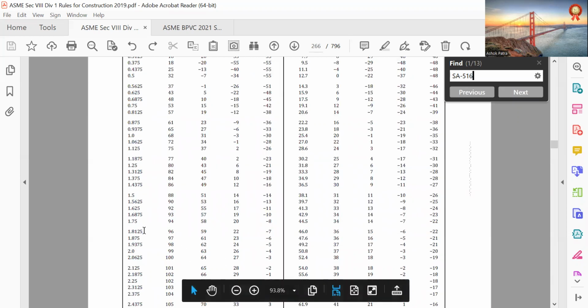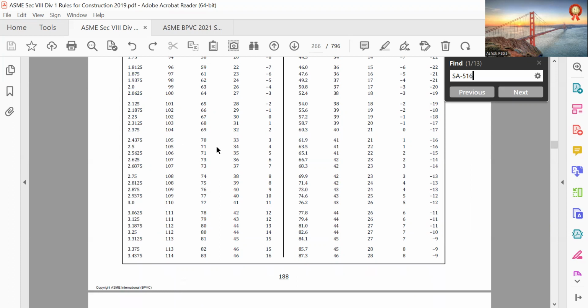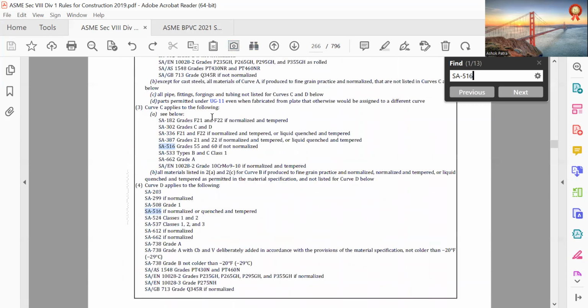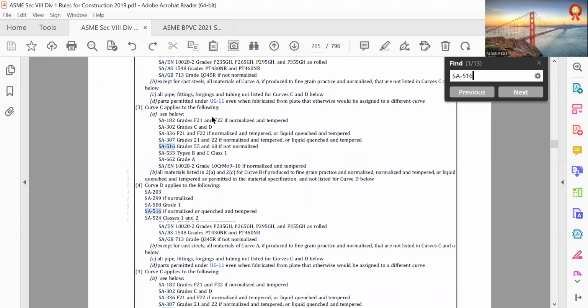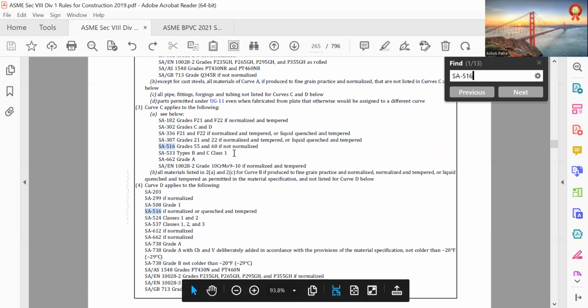Sorry. This is a problem because 71 is the minimum temperature and this is 34. So C is okay. That means they are using 70 and not using 60.